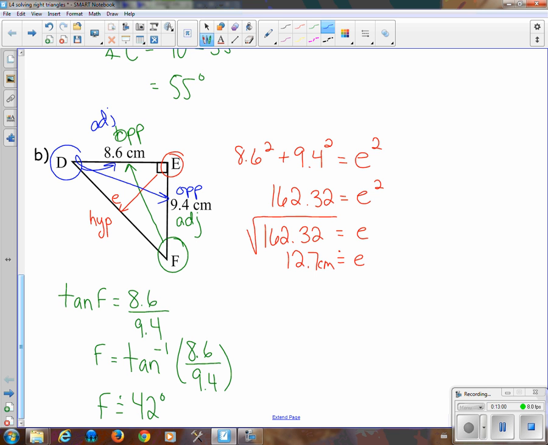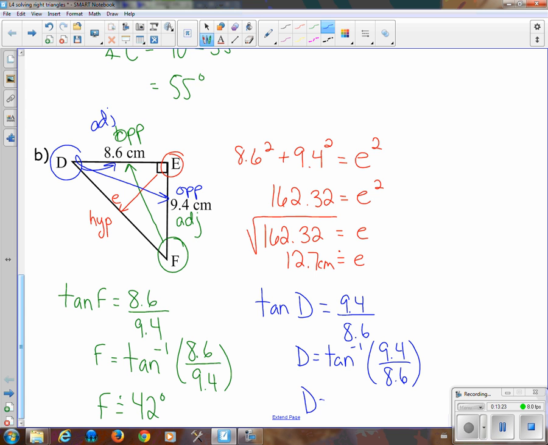Opposite and adjacent is still tan. So tan of angle D equals opposite 9.4 over adjacent 8.6. So angle D is the tan inverse of 9.4 divided by 8.6. Again, you can do your dividing first and then do your tan inverse, or you can do it all in one step.